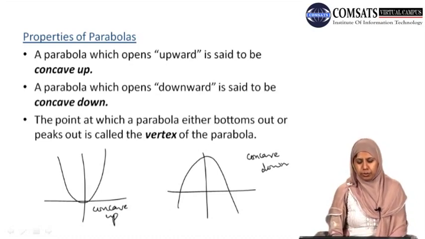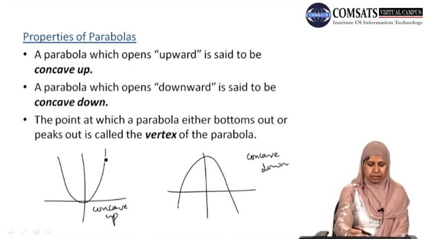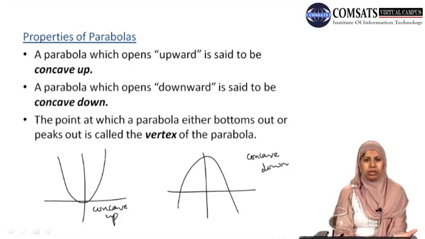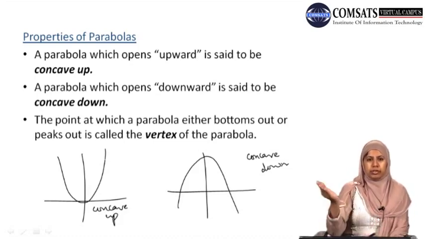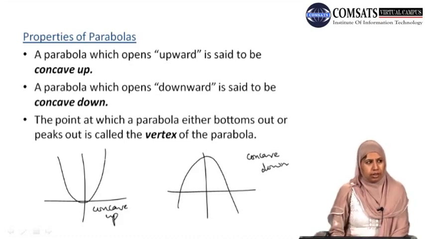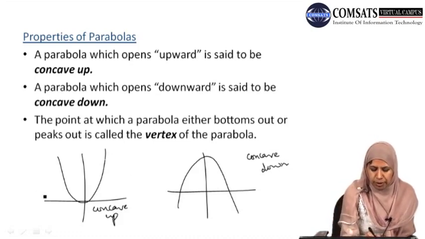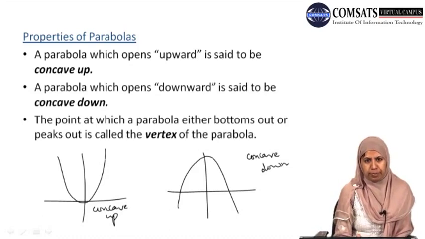There is an easy way to remember concave up or concave down: consider concave up as a cup or a bowl. The base of the bowl is basically a parabola with concave up.